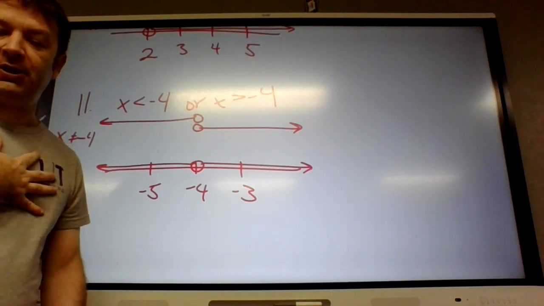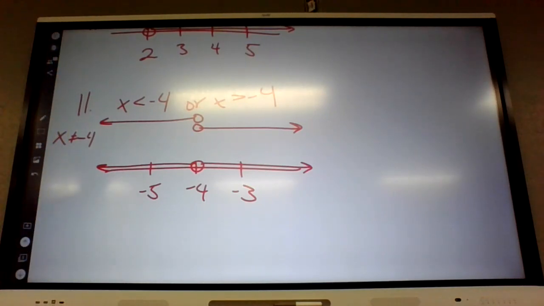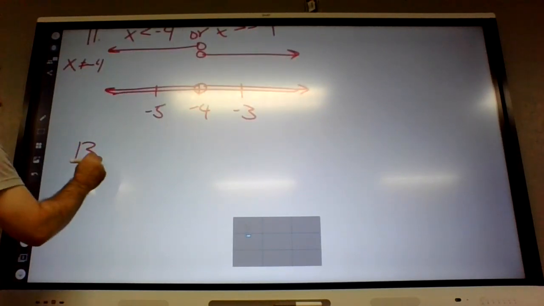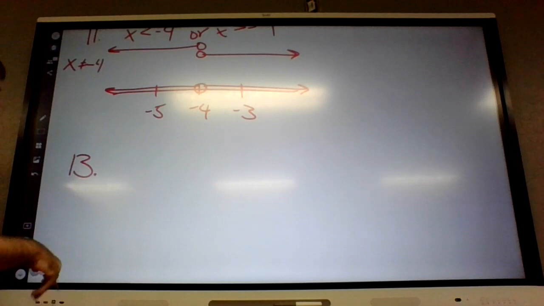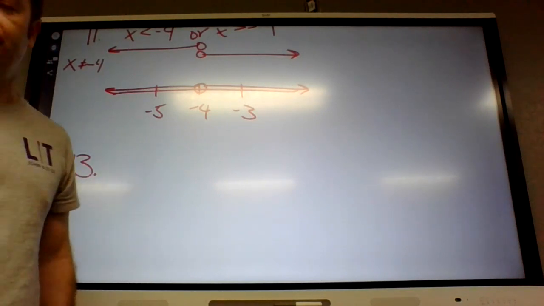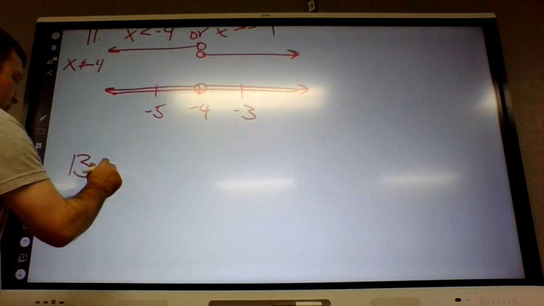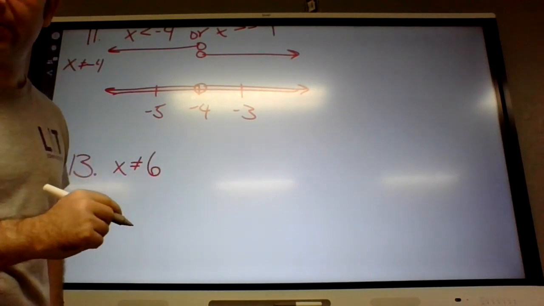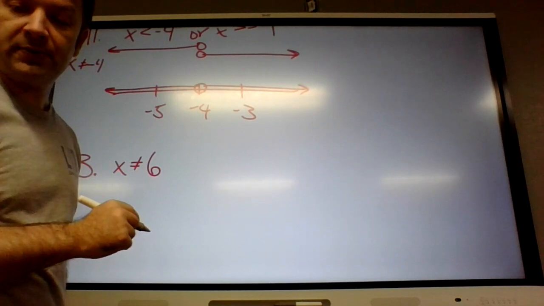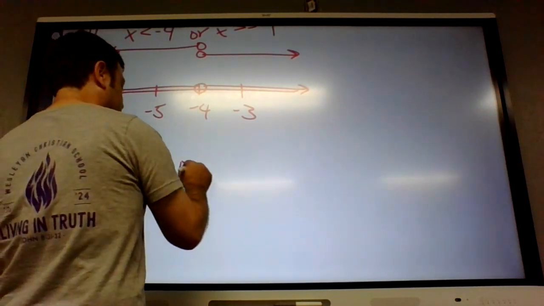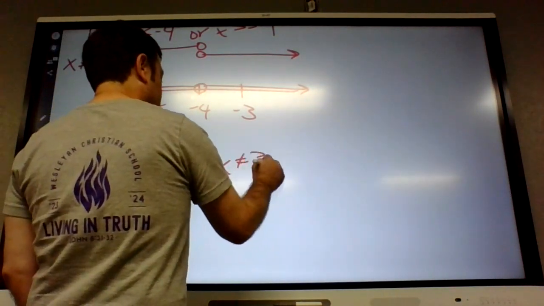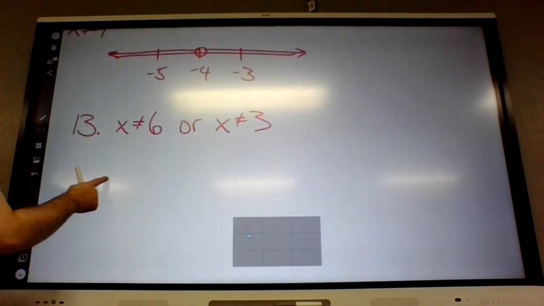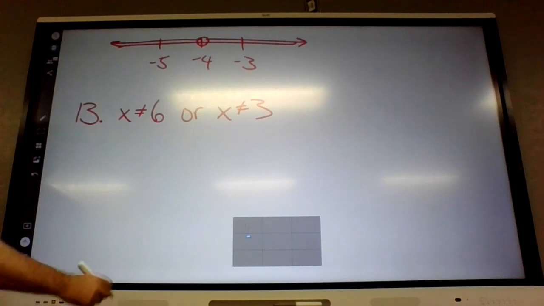Okay, 13 through 20, kind of like yesterday, we're just going to solve these. On the odds, I'm going to simplify them with you, and on the evens, I'm not going to make you do that. There's nothing really to solve on 13, but we are going to simplify it. Not equals 6 or not equals 3. What numbers would not equal 6 or not equal 3?